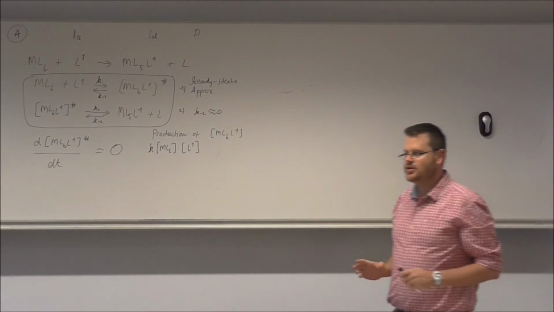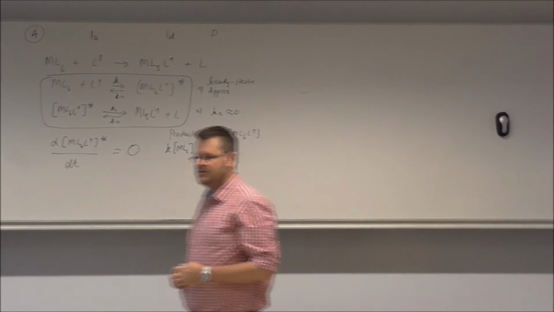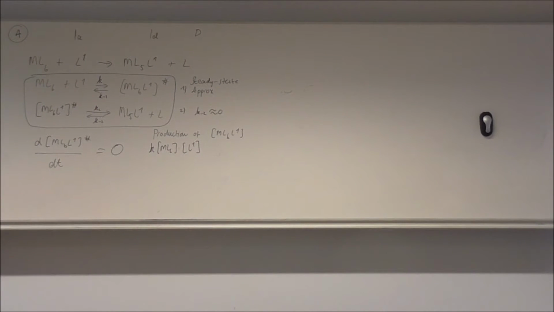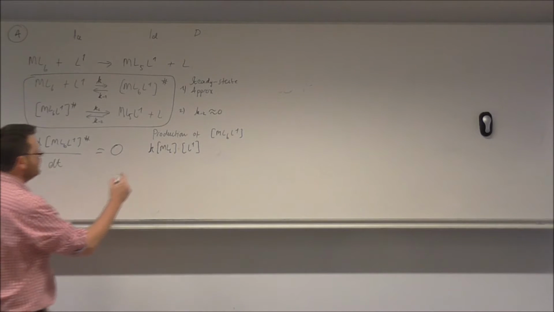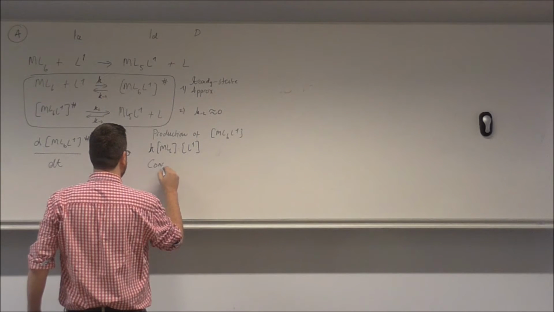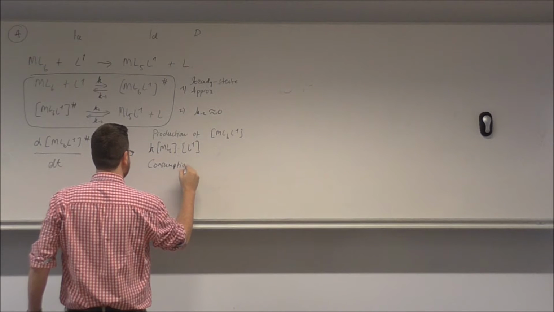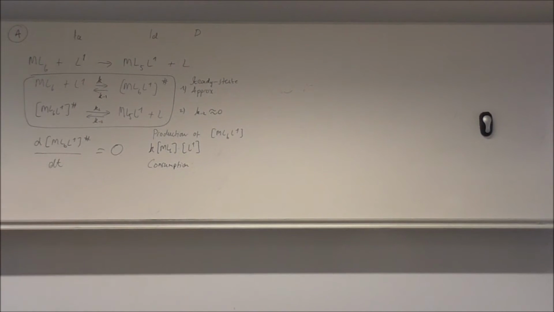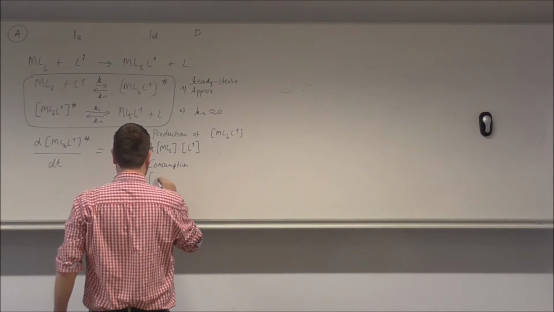What about the consumption? What is the consumption given by? Connor. Would it be K2 times ML5L1 plus L? Sorry, times L? Sorry, say that again. ML6L1 K minus 1. Correct. And K2.